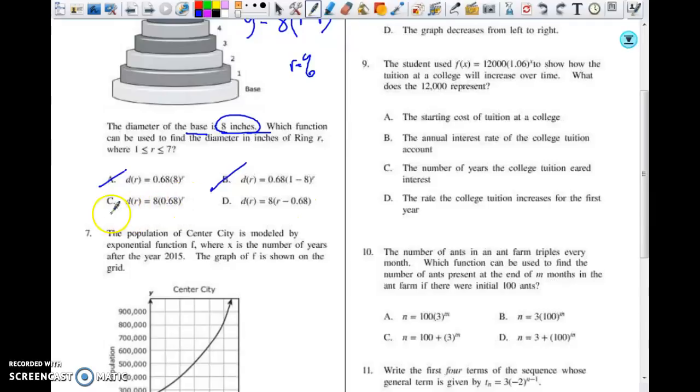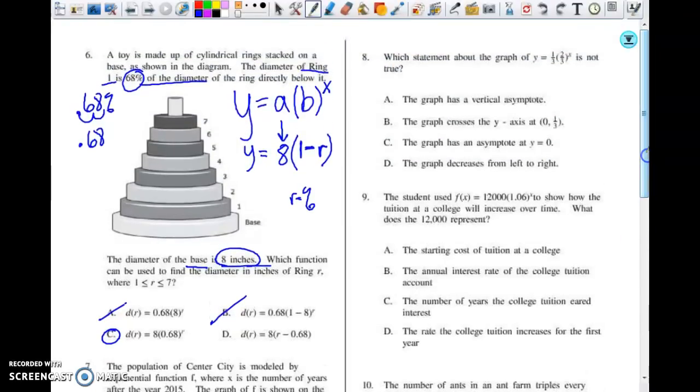Okay, this is my percent. This is C. Okay, now, I'm actually doing this one with you. The reason is because, I don't know if you noticed the wording, the diameter of the ring is 68% of the diameter. We know that each ring is getting smaller and smaller, right? Meaning I'm decreasing, right? Meaning we'd be subtracting.